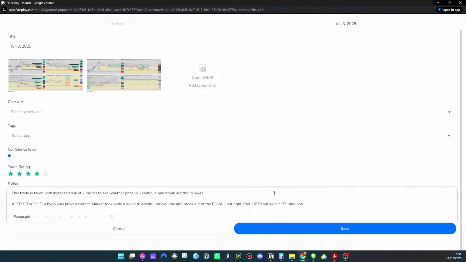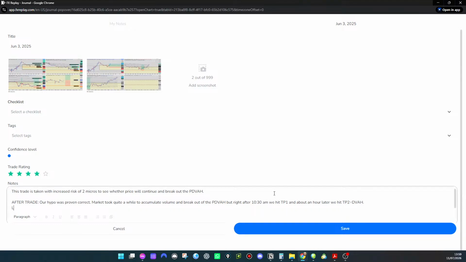And about an hour later we hit TP2, which was the DVA high. Lesson for the day: wide stop is needed when volatility is low.